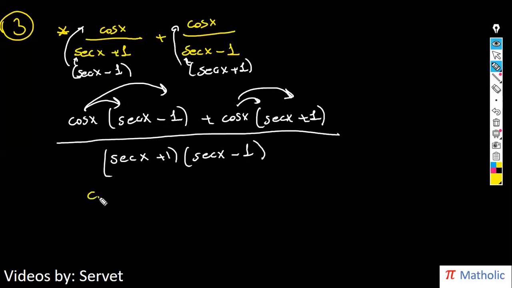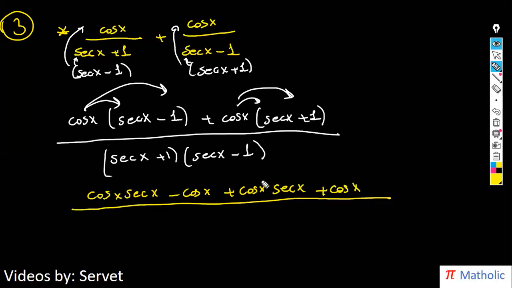It's going to be cosine times secant minus cosine plus cosine times secant plus cosine over secant squared minus 1. What is secant squared minus 1?